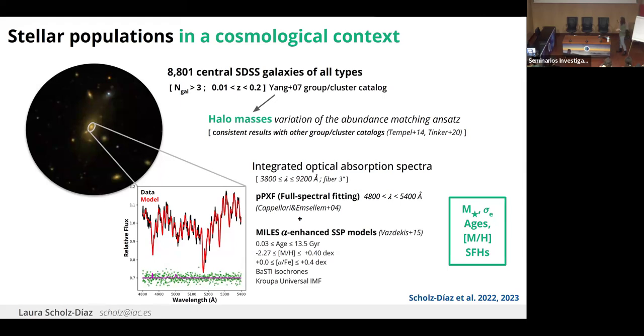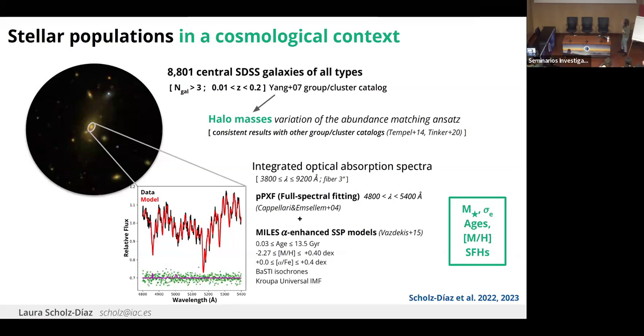But the ones I'm going to show here are the ones obtained with a variation of the abundance matching ansatz, which basically ranks the luminosity or the mass of a given group or halo and matches it with a dark matter only simulation. So in this sense, these halo masses are obtained in an indirect manner.